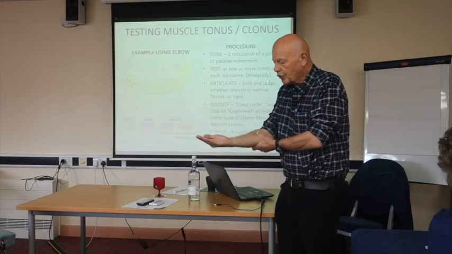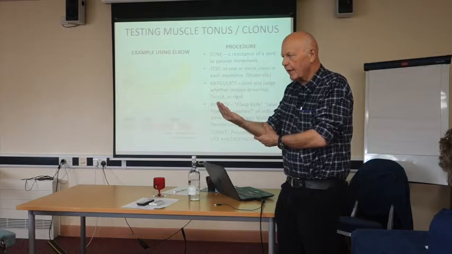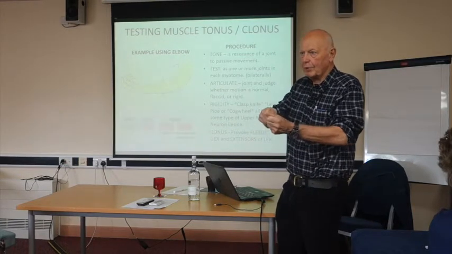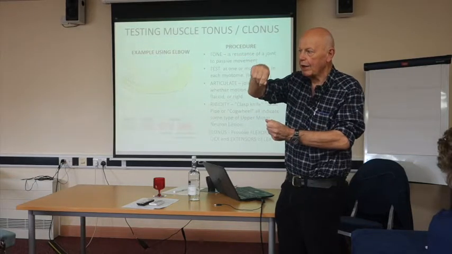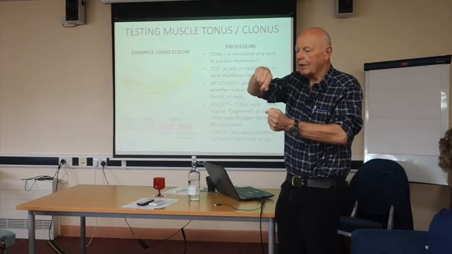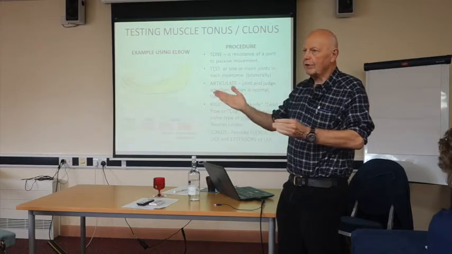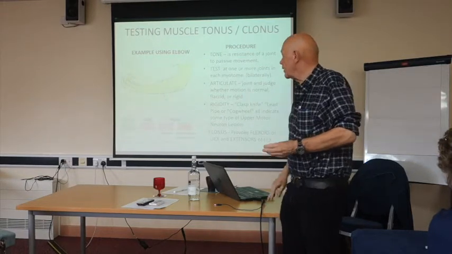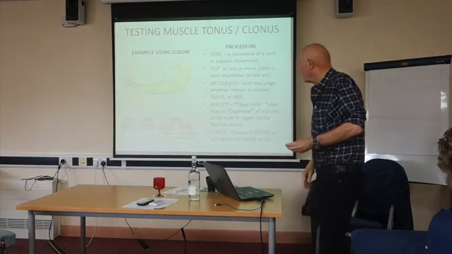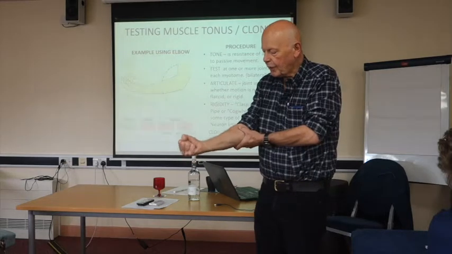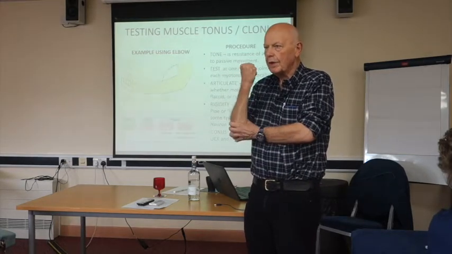If you try the movement, there's a resistance, and then all of a sudden it gives, like opening a penknife. You have to put more force in, and then the knife suddenly opens. And then to close it, you've got to put more force in, and then it suddenly closes. It's just that kind of threshold that you've got to get over. That's called clasp knife rigidity. Or you might find that it's stiff throughout the range of movement.